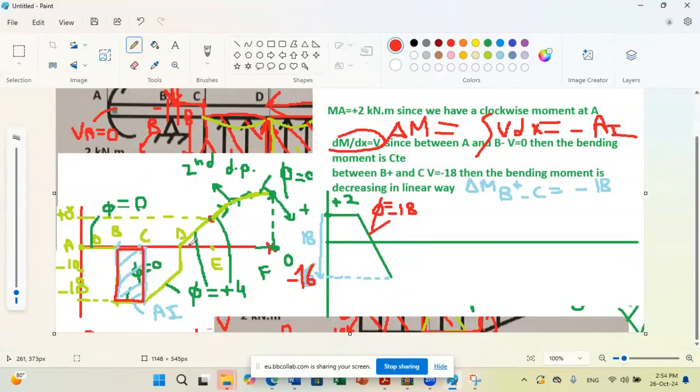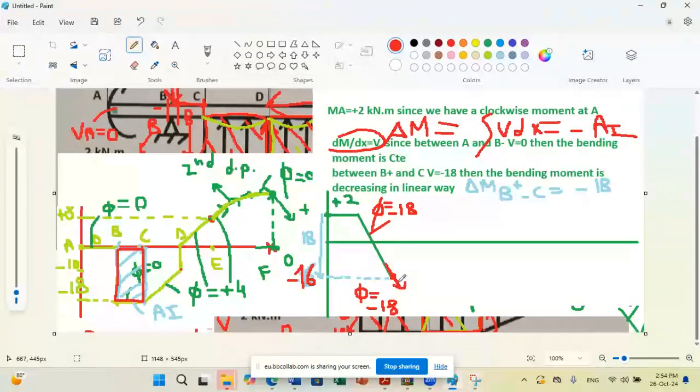Now between C and D, what do we have? At point C, what is the slope, as you said? The slope was minus 18, okay? But now what is happening to the slope? The slope is increasing until reaching minus 10. And the slope is becoming, if you want, less negative than before. Okay?